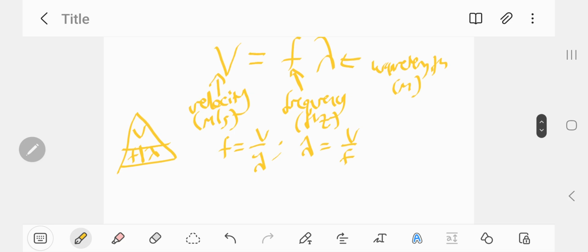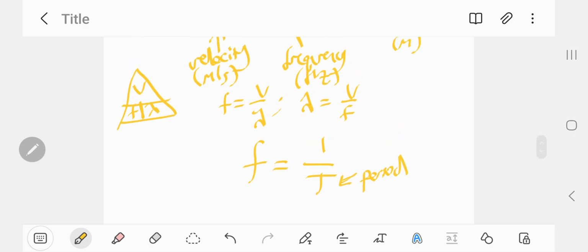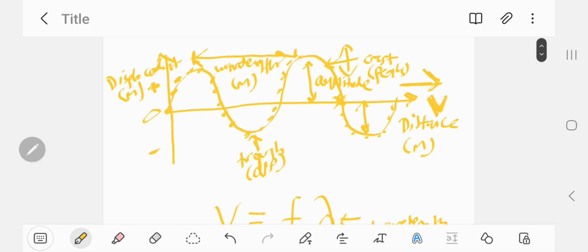And it turns out as well that there's another relationship between frequency and what's called the period of the wave. Period is the time it takes for the wave to repeat itself. For it to repeat itself, it goes between these 2 regions here.